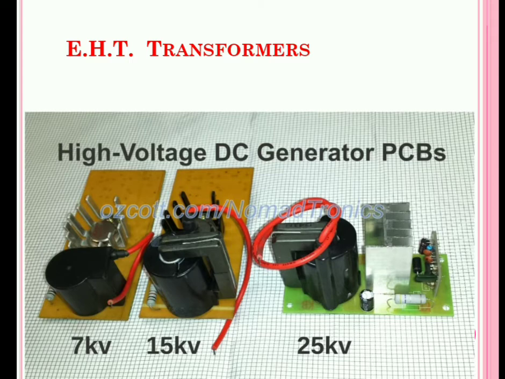Based on the application it goes into a CRO or a television. In a TV we refer to it as a picture tube, which is a CRT rather. They are of different ratings: 7 kilovolts, 15 kilovolts and 25 kilovolts. And they are also called flyback transformers.